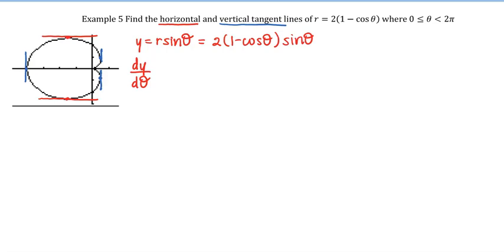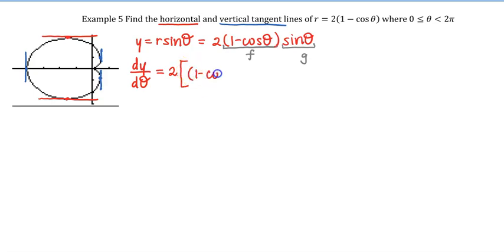I'm going to use the product rule where I think of this piece as my f and this piece as my g. Better yet, I'm going to go ahead and just keep the constant of 2 in front and just take this 1 minus cosine theta to be my f to simplify.